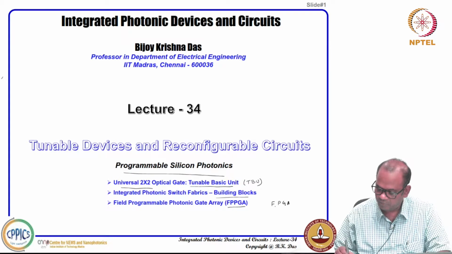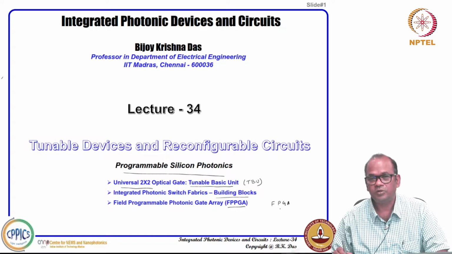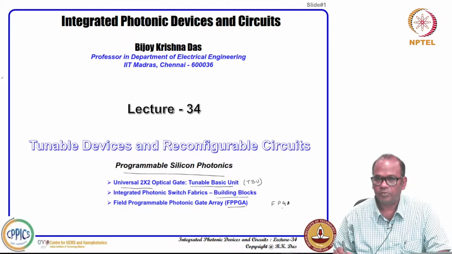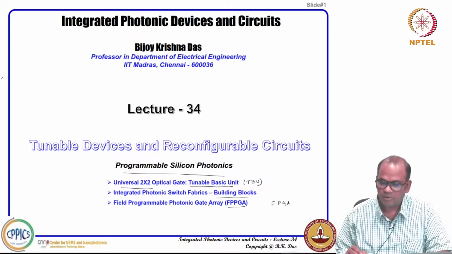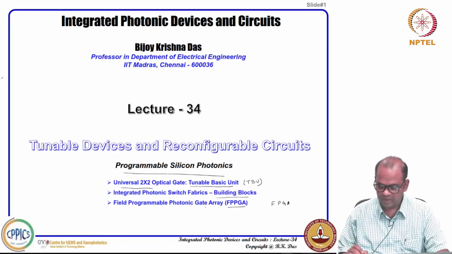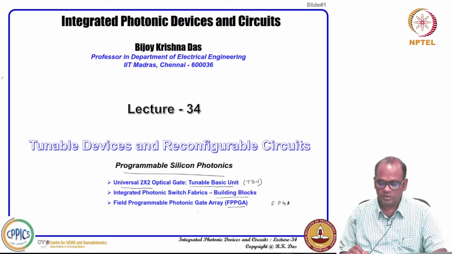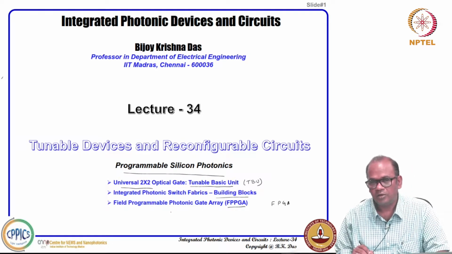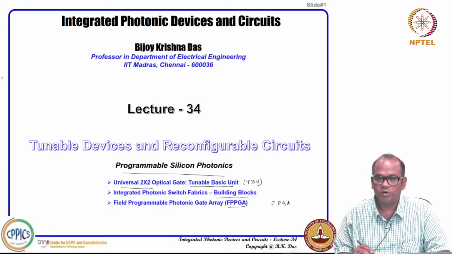FPGA is a field programmable gate array, that is used for digital electronics, for digital logic operation, and that is also programmable. But here also we will be demonstrating something that has recently materialized, been visualized and demonstrated: certain circuits which can be called a field programmable photonic gate array, that can be programmed for various types of functionalities.